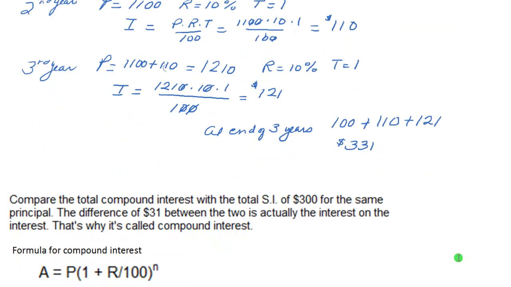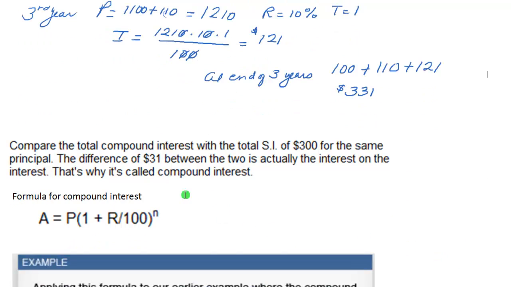Okay, and so here's the formula for compound interest, which you can see is very different from our simple interest formula, right? So remember, our simple interest was I equals P times R times T over 100. That was simple interest.